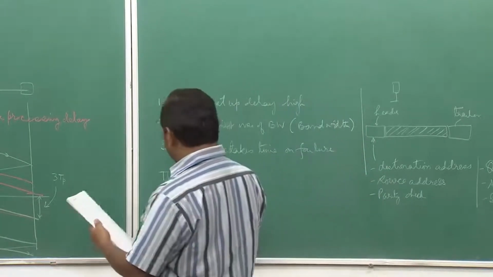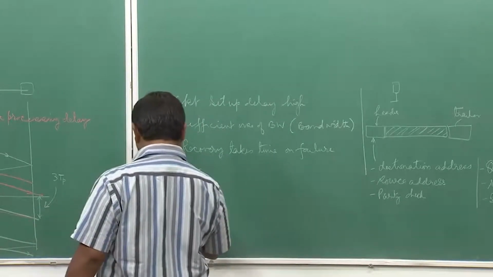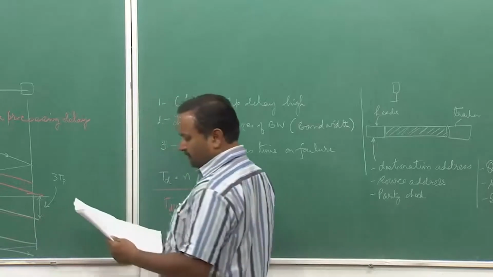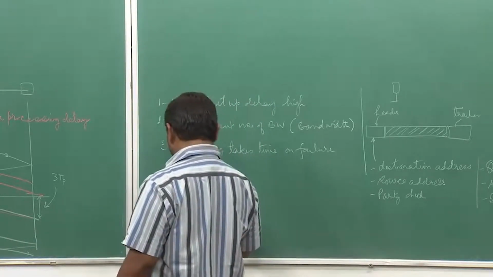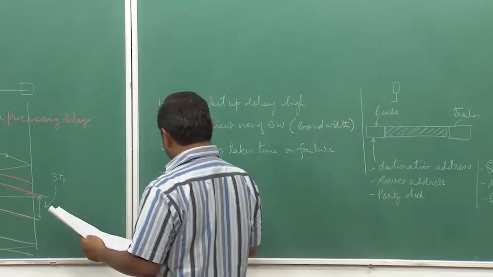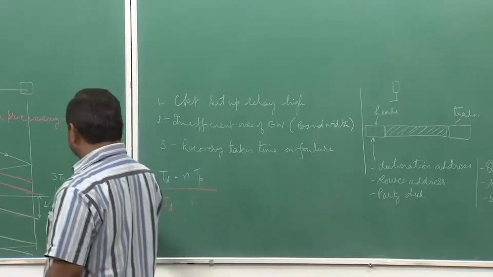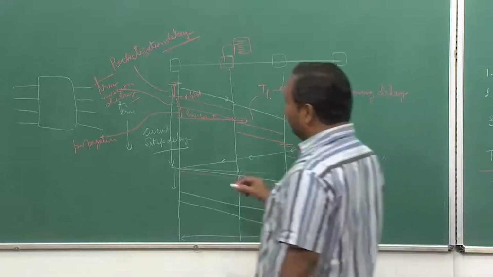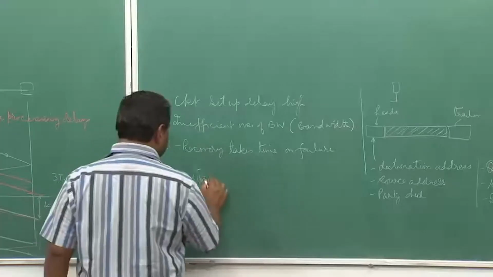While if you look into the packet switching, which I will draw with a different color. In this case you will have a packetization delay. Because this Tp will confuse us, I am going to put the propagation delay as TPR. So I am just changing the symbol.